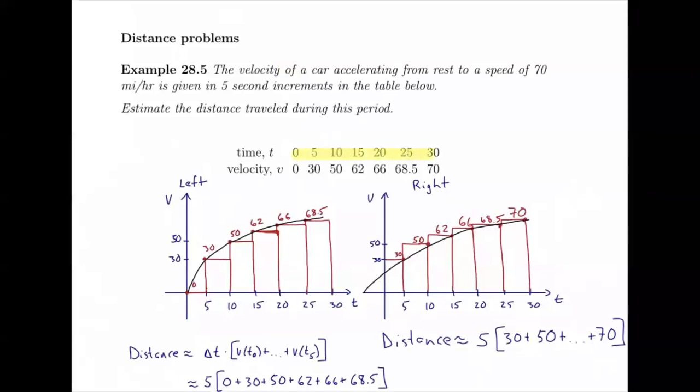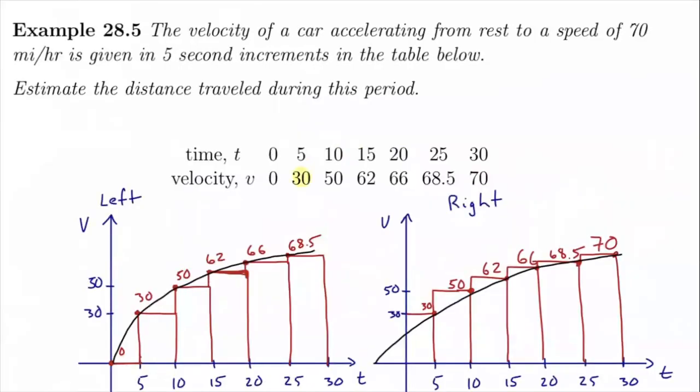We don't have a continuous function v with respect to time, but we do have 5-second increments, so we can do a reasonable job of approximating how far this car has traveled. We can interpret these to be instantaneous measurements. Maybe we looked at the speedometer at the 5-second mark, the 10-second mark, the 15, and so on, and recorded those on the table.